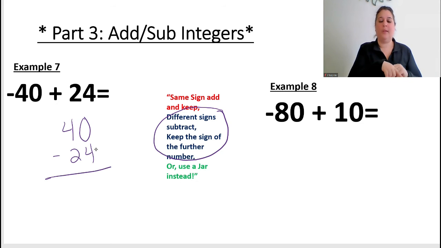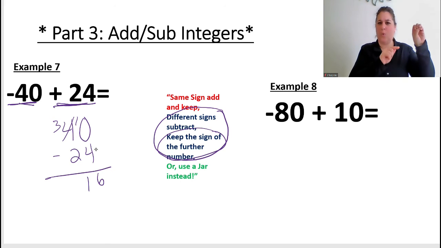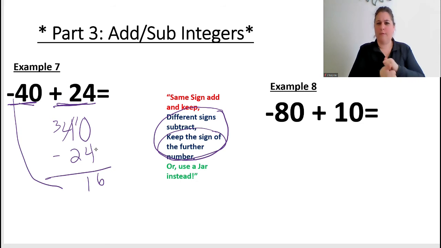Oh, well, 4 can't get taken away from 0, so I'm going to have to borrow. Okay, 16. I subtracted. Now it says keep the sign of the further number. Which number is further away from 0? Negative 40 or positive 24? Negative 40, so keep the sign. So the answer is negative 16.